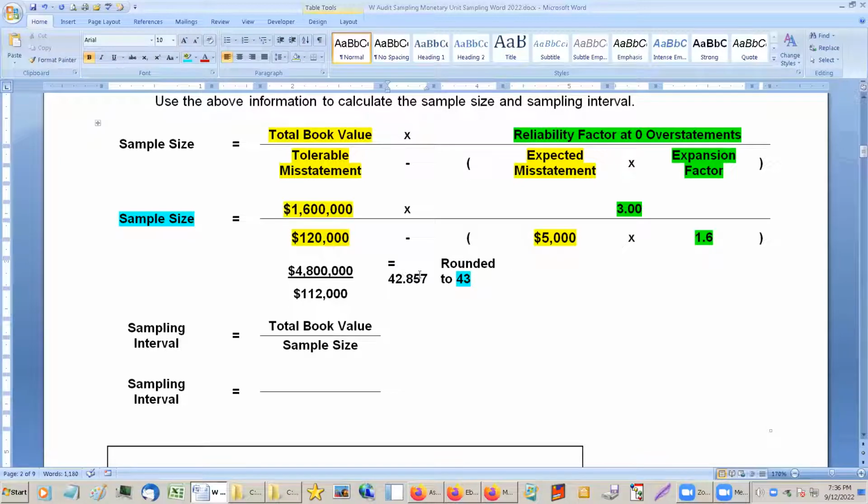The rule for this method is that you round to the nearest item. I would tell you in real life to go ahead and round up all of them, even if it came out to be 42.14 or something like that. I would round it up to 43. One thing you have to remember about auditing is that a lot of times this stuff may end up in court.